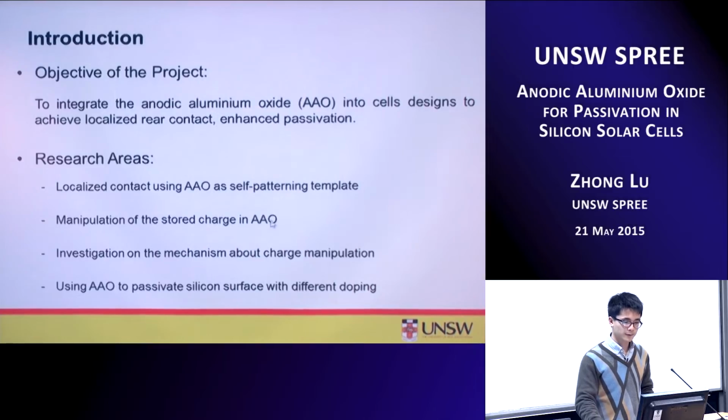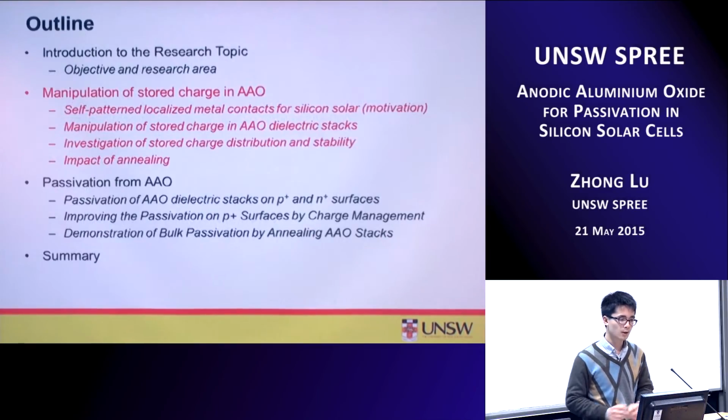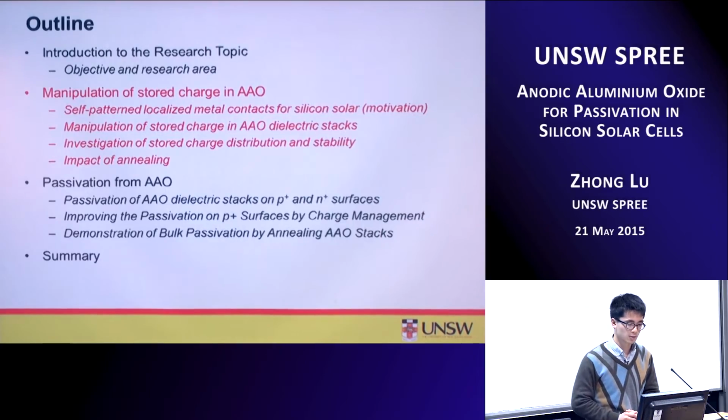And yes, I was lucky to be able to control the charge in AO, so I spent some time looking at the mechanism of this manipulation, and finally trying to use this charge manipulating scheme in solar cell passivation. Right, so let's talk about this technique.